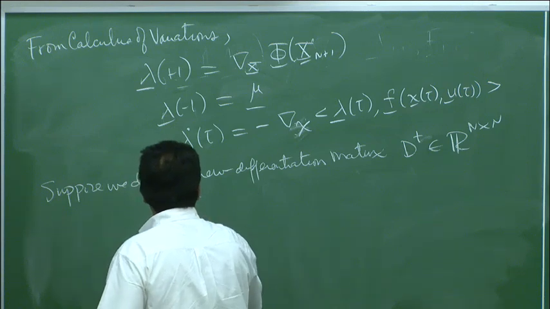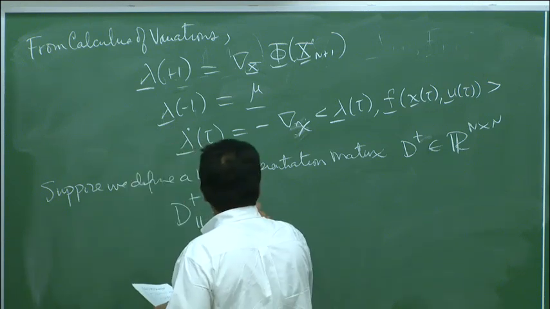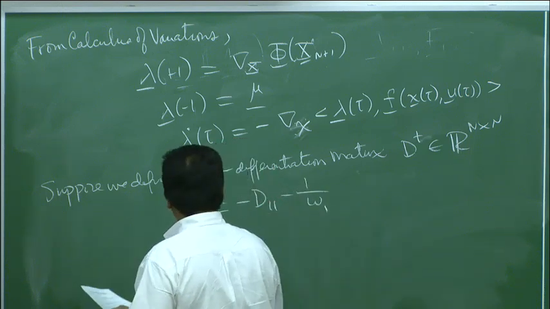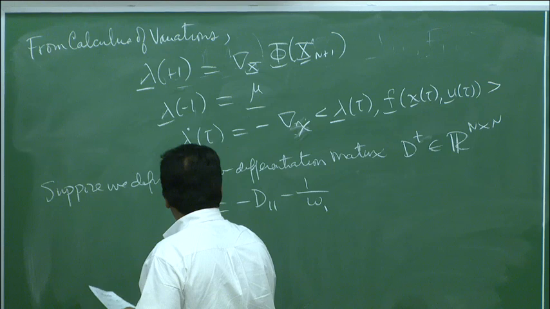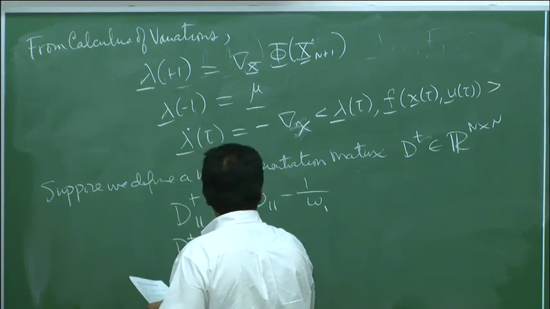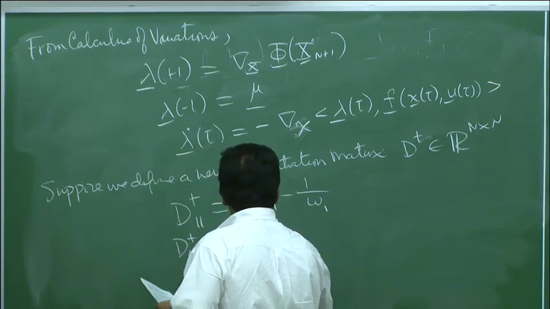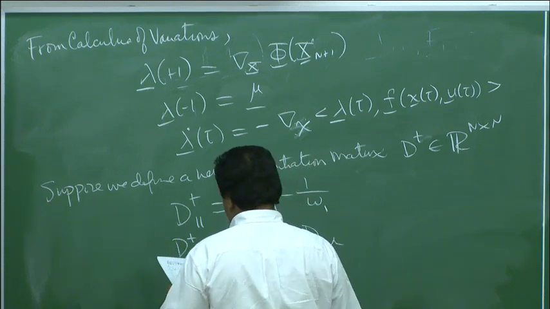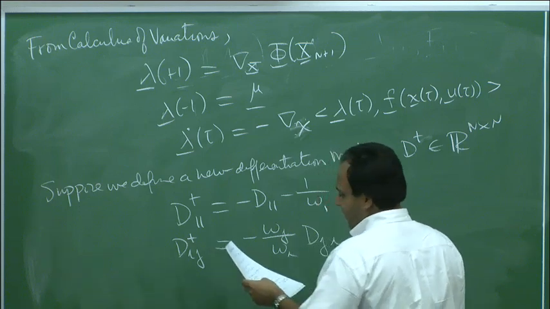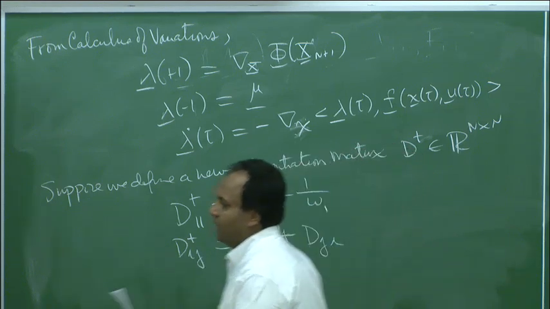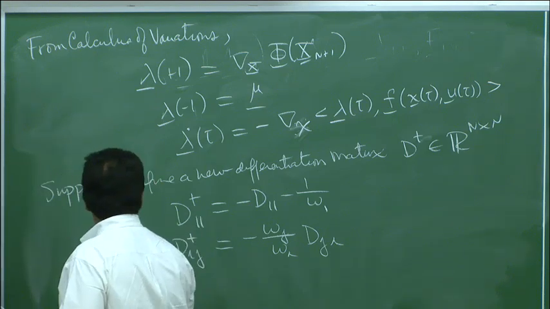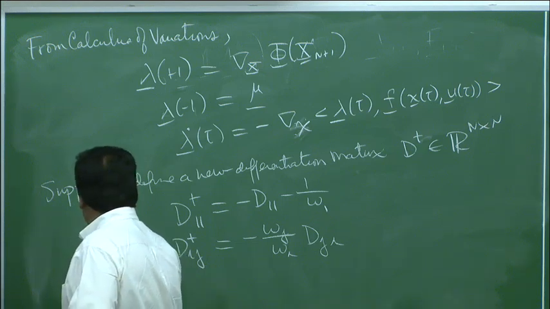D dagger 1,1 is equal to minus D11 minus 1 over w1, and D_ij dagger is equal to minus w_j over w_i times D_ji, right? And this is everything except that one.